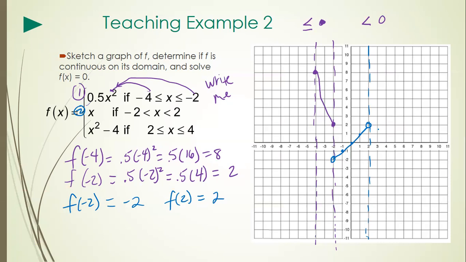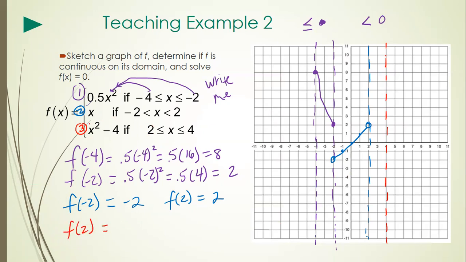Okay, are we okay? All right, now we just have the third piece to do. This time our boundaries are from 2 to 4. We already have 2 drawn out, so we're going to draw in 4. Okay, now we're going to find f of 2 for this one.